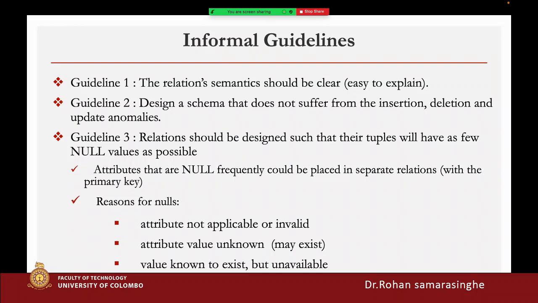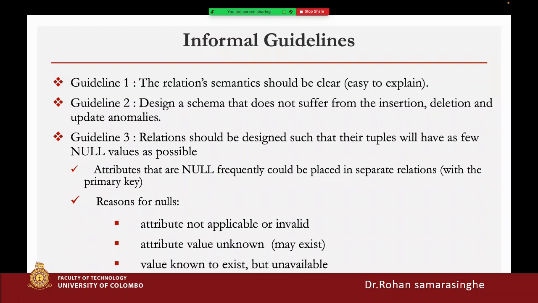The reasons for nulls are: attribute not applicable or invalid, attribute value unknown, and value known to exist but unavailable.